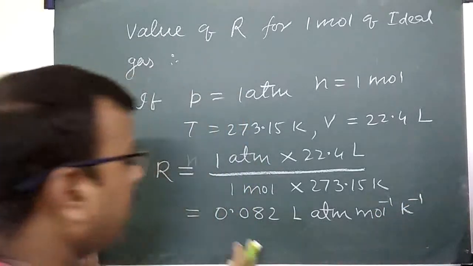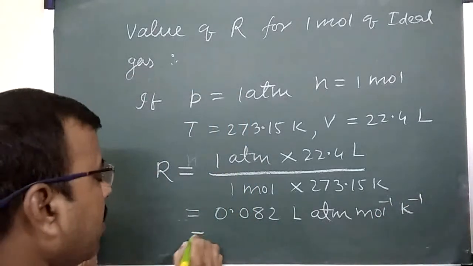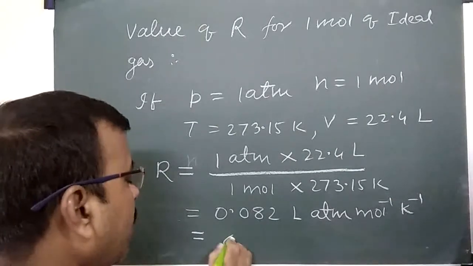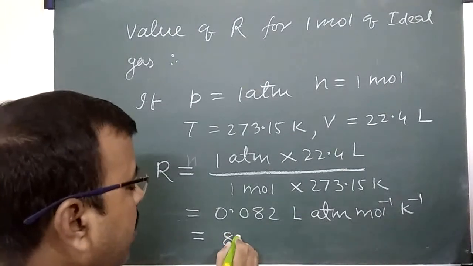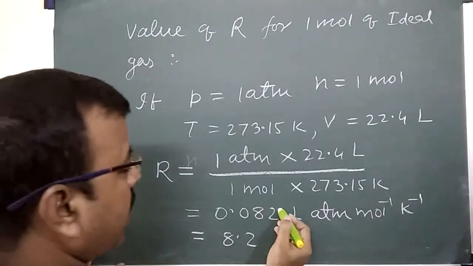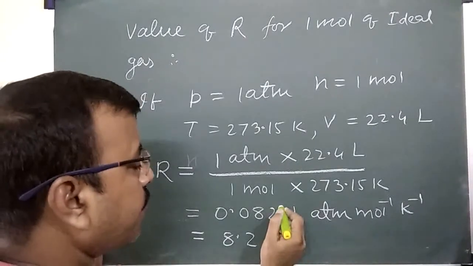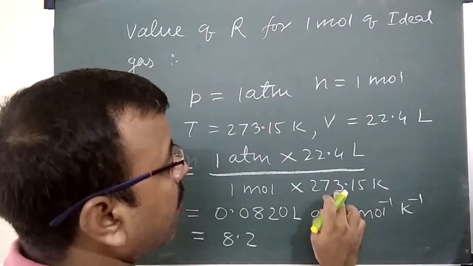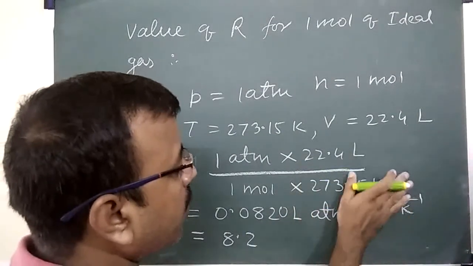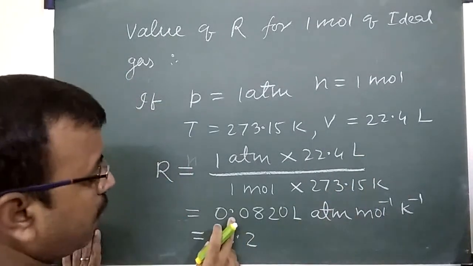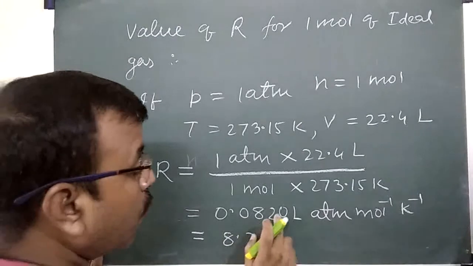Now here you see, in scientific notation, if you divide this value by only 273, then you will get the value 0.0821.